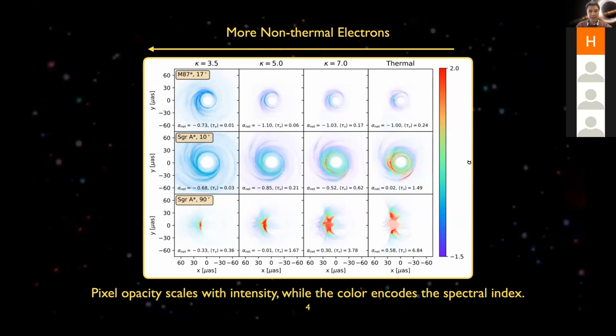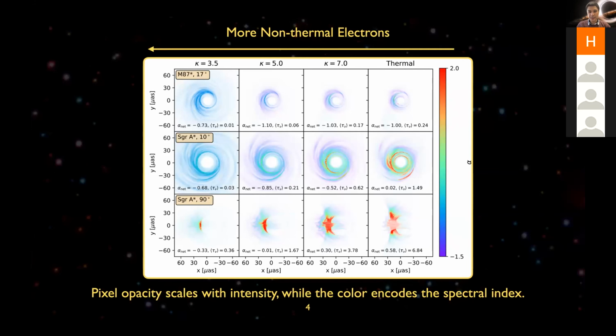And one thing that you'll notice here is that, for example, if you focus on the top row, as you increase the fraction of electrons that are in this high energy component, the image becomes larger in extent, which is something that has been seen previously as well by Fish and Özel in 2000, Mao et al. in 2017.